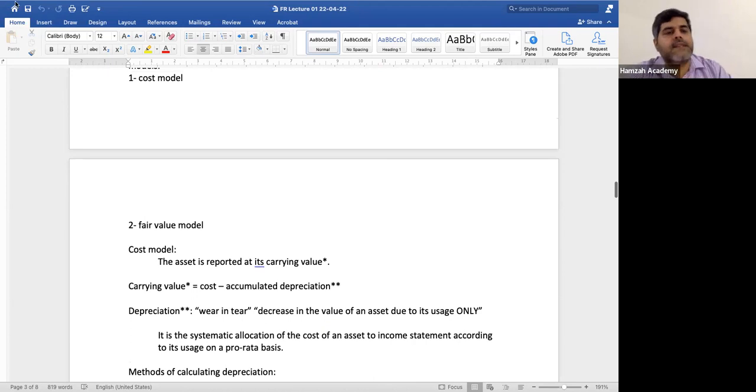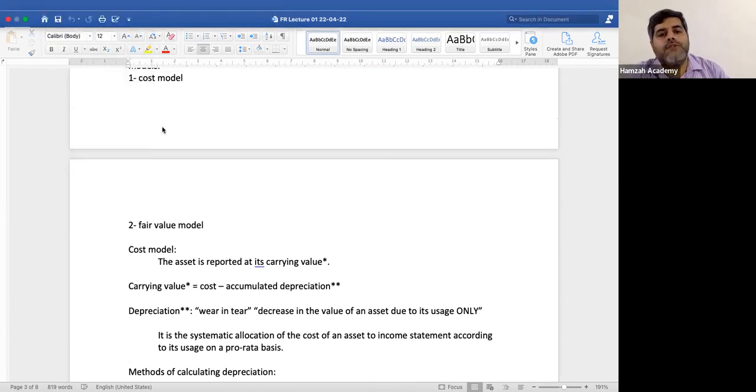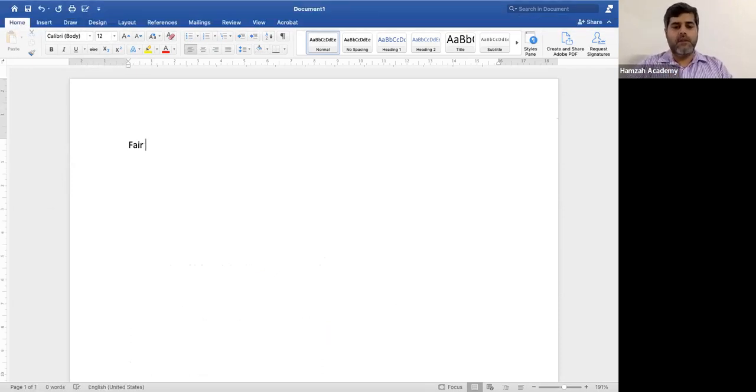This is the whole working which we have done so far according to this cost model. Now we have this second one, and that is the fair value model, regarding which we have to talk from today. In the fair value model, the asset is reported at its fair value.